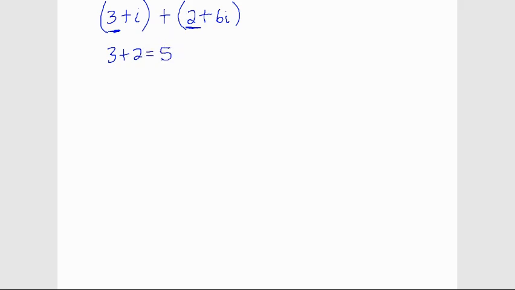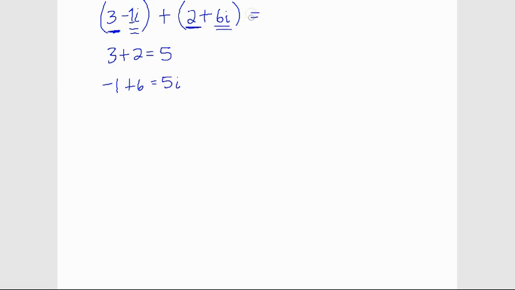I meant to make this a minus to make it a little bit more exotic, so I'm going to change that to a minus. And then we've got the minus 1i. So now we've got the minus 1 and then plus 6. Because they're like terms, that would give us 5i.